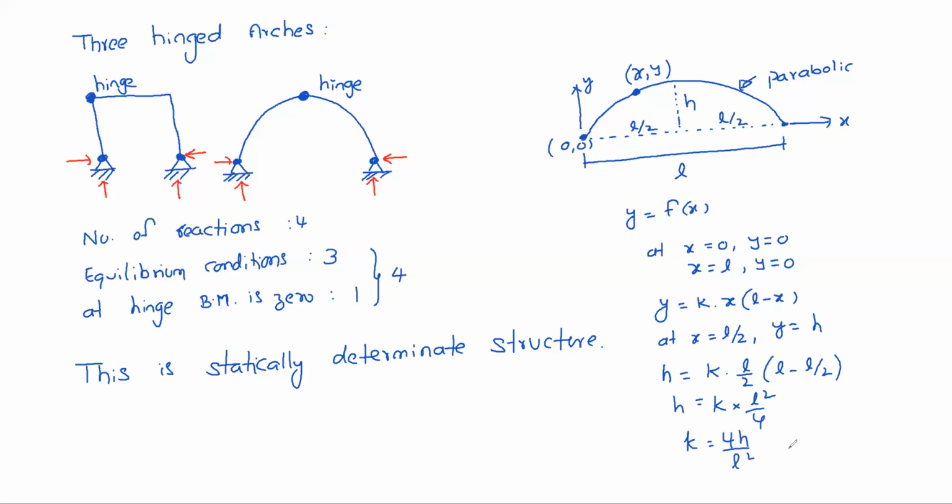That means the parabola is Y equal to 4H by L square into X into (L minus X). So this relation is very essential for us.